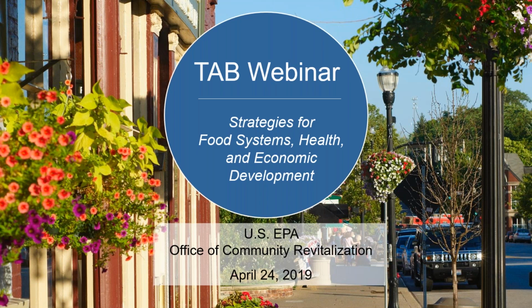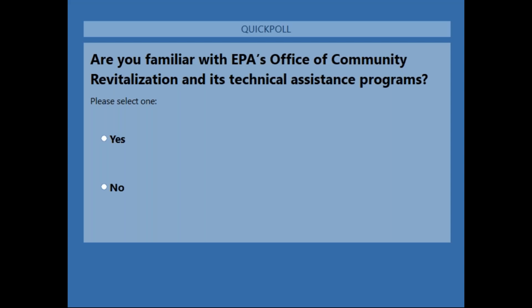Right before I kick it off, I wanted to do one more polling question about your awareness of our programs. Before I spill all the beans, tell us if you already know something about us. While you're doing that, I'll introduce my colleagues.